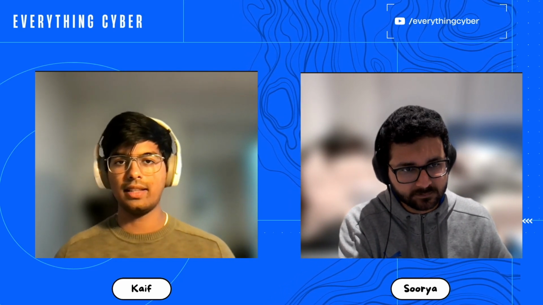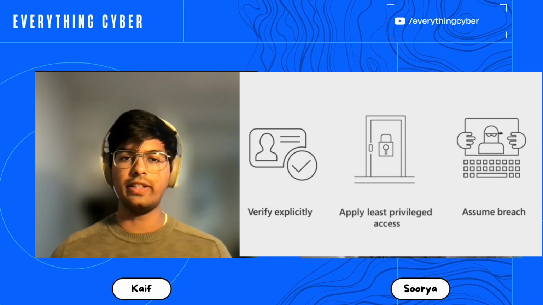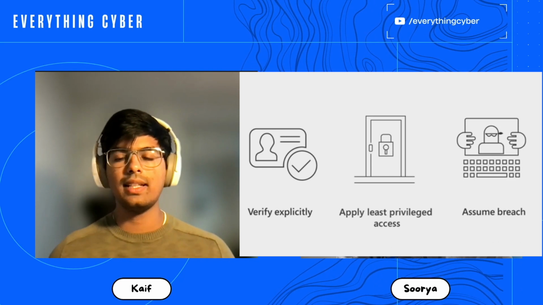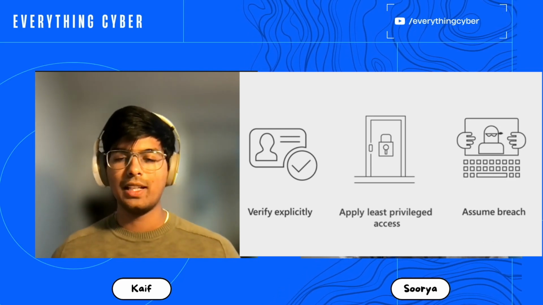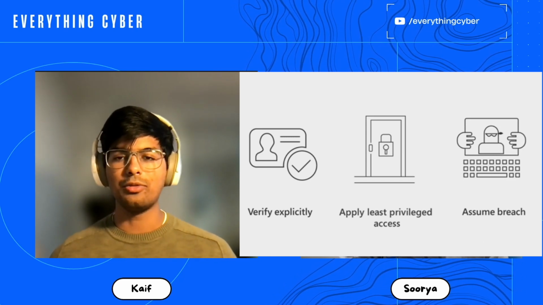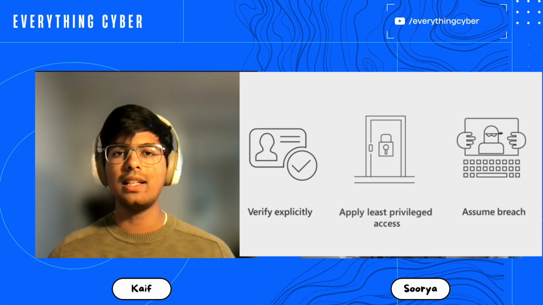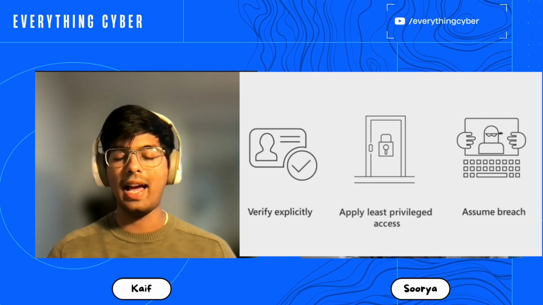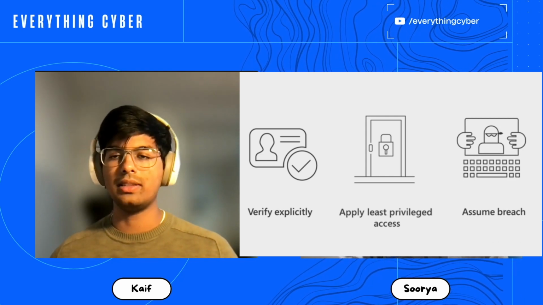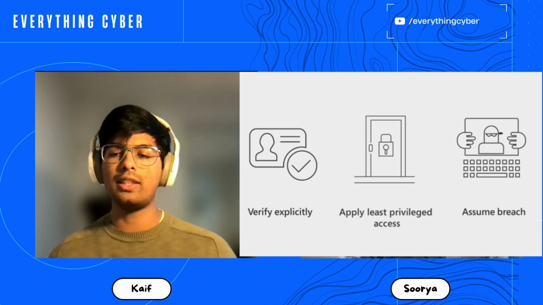Zero trust is, for the audience, built on three main principles, which is verify explicitly, apply least privileged access, and assume breach. So let's look at the principles of zero trust, and I'll touch on them a little bit to explain what they are. The first, we have verify explicitly, which means that even though a user has been verified before, don't just assume that they are who they used to be throughout the entire system.